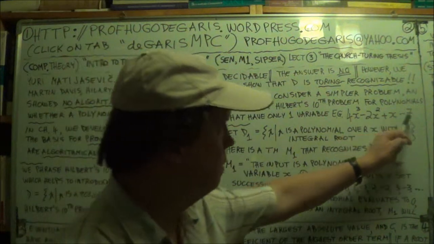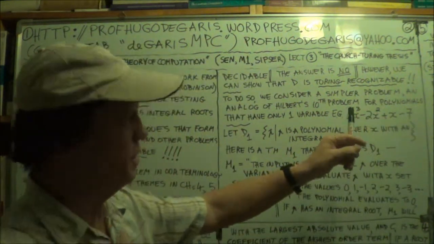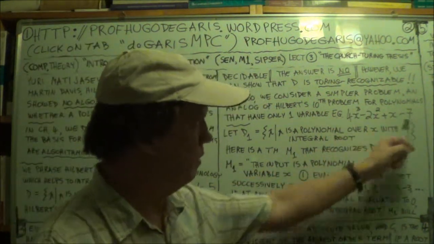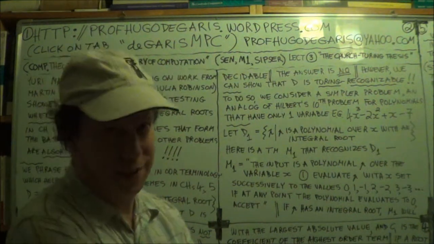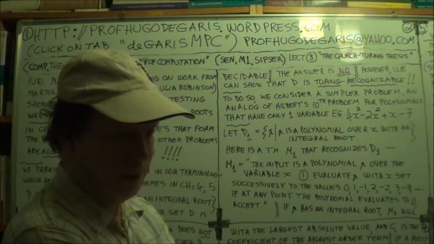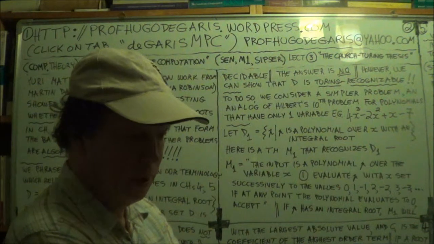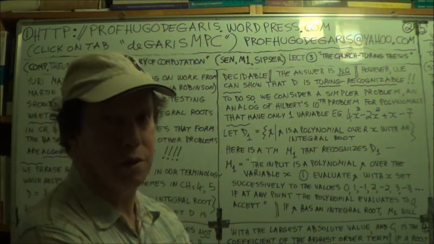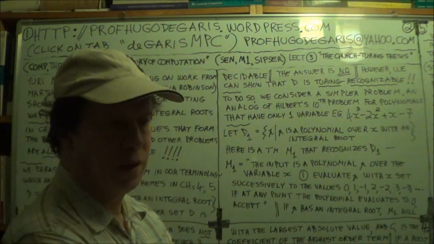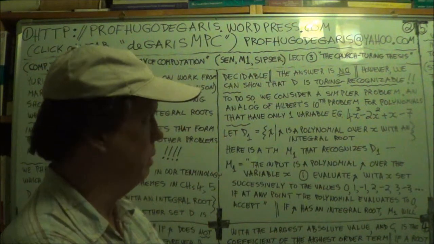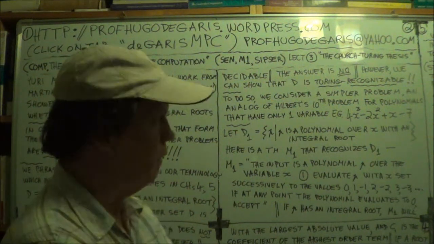Well, it's my interpretation: if this polynomial does have an integral solution, then you can construct a Turing machine that will accept it, right?